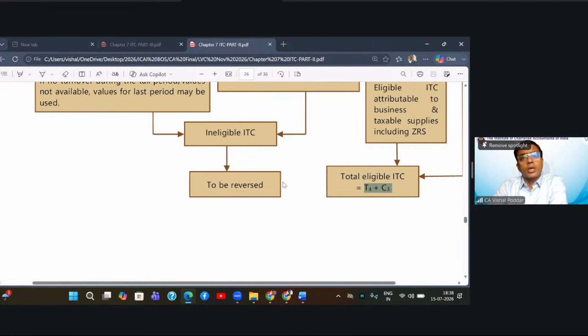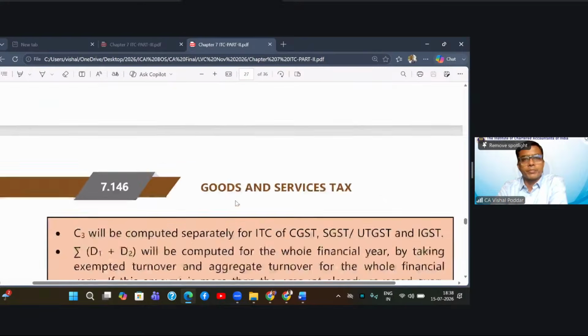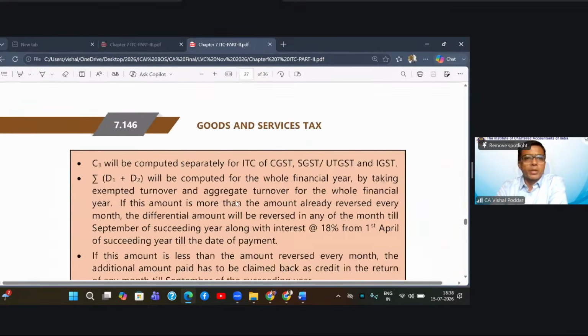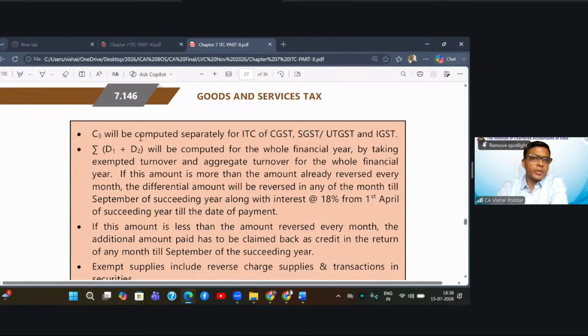So this is how the proportionate working is to be done under section 17, wherever on your inward side, P&L debit side, you have items which are used for both taxable, exempt, and also for business and non-business. Now, all these computations, students, will have to be done separately for each type of tax.